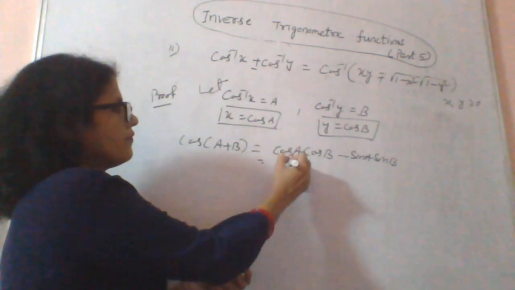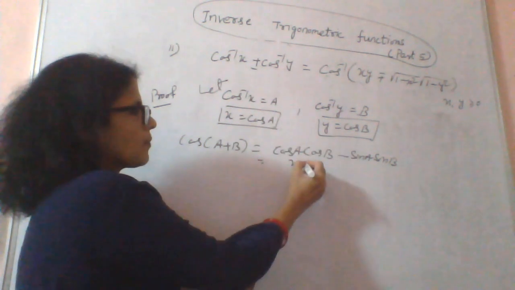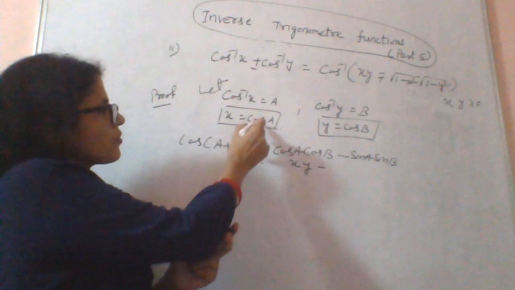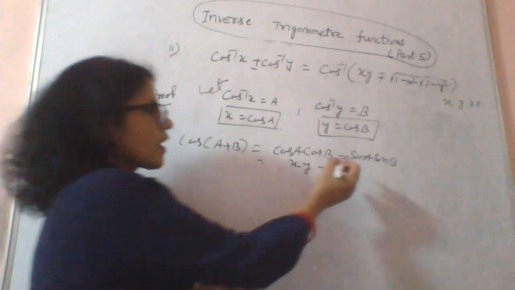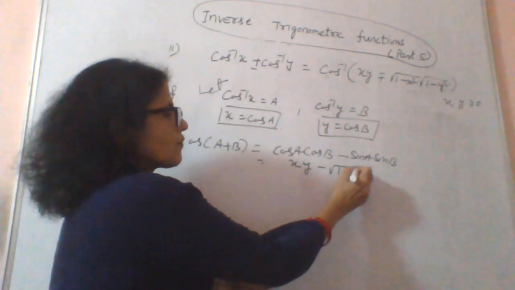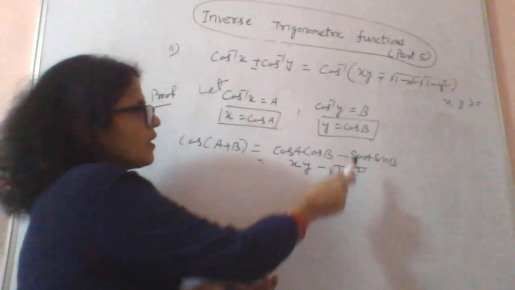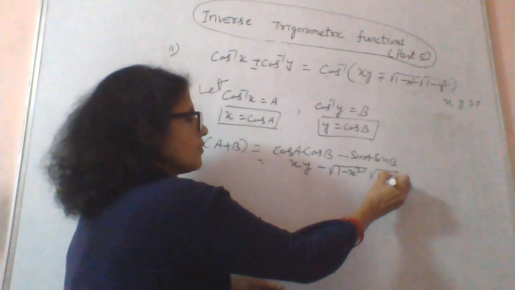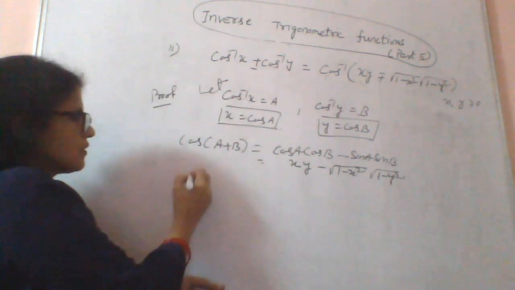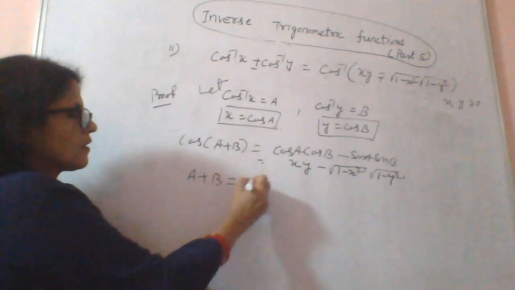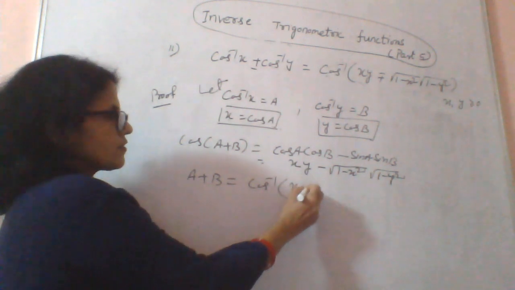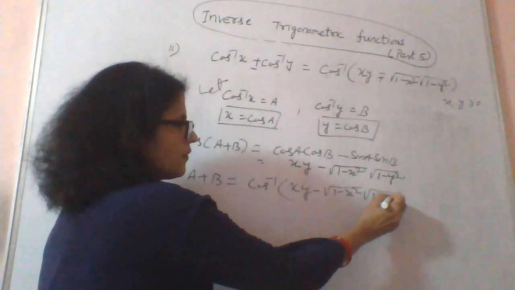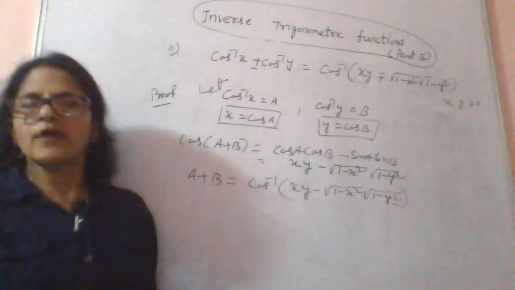Cos a we have x, cos b we have y, minus sin a into sin b. Since cos a equal to x, sin a will be under root 1 minus x square. Similarly, cos b equal to y, so sin b equal to under root 1 minus y square. So we are getting a plus b equal to cos inverse xy minus under root 1 minus x square into under root 1 minus y square.